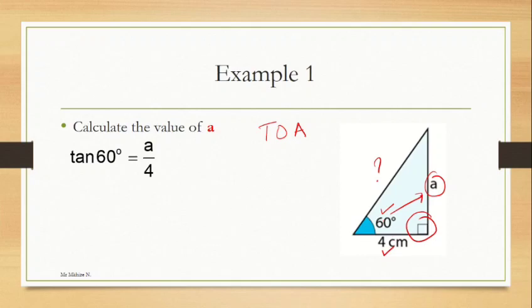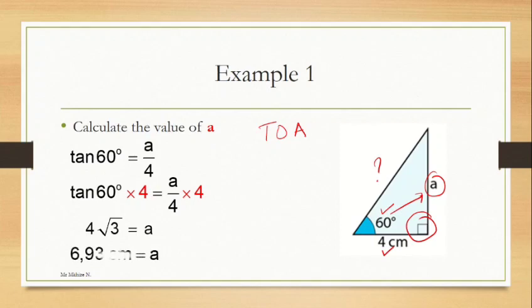So it's A over 4. Then you multiply by 4 on both sides. So then you get that A is equal to 4 root 3. So if you put in your calculator 4 times tan 60, you get 4 root 3, or 6.93 centimeters.